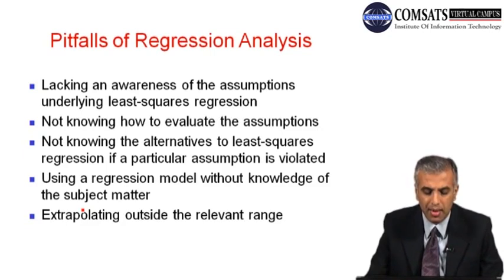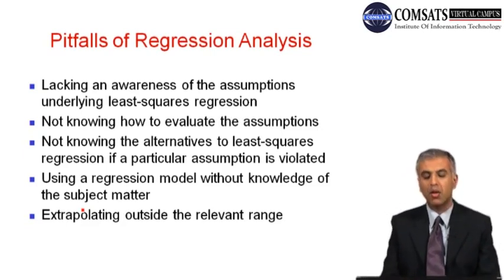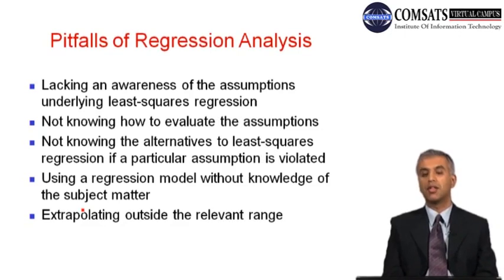Then another big anomaly is extrapolation outside the relevant range. We have discussed before that we can deploy interpolation specifically, but we have to take care that the value which we try to find out should be within the lower and upper limits of the whole data set.